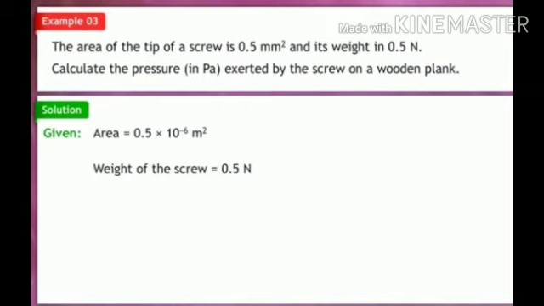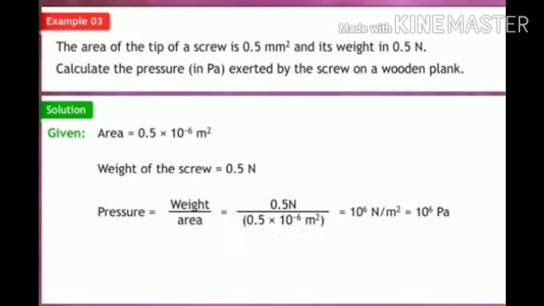Therefore, it will be 0.5 into 10 raised to minus 6 meter square and weight of the screw is 0.5 Newton. We know pressure is equal to force upon area. As I earlier told you, force is nothing but weight, that means pressure is equal to weight upon area. Now substitute the value, that is 0.5 Newton upon 0.5 into 10 raised to minus 6 meter square.